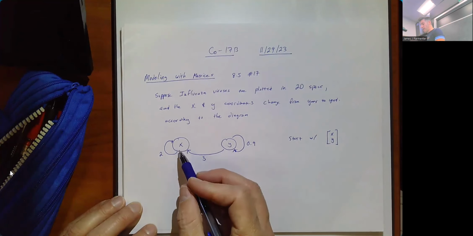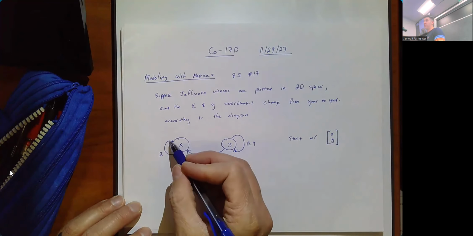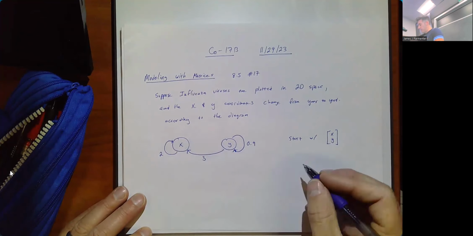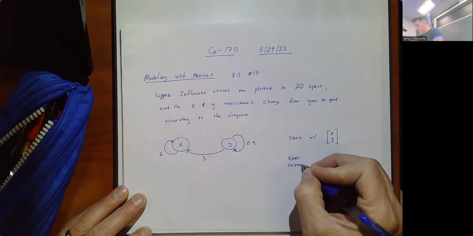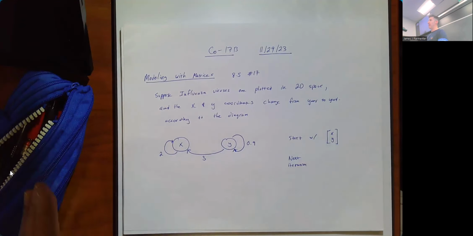So what's going into X? Well, X is going into itself times 2. This is going to be a better way to write this, but I'm showing you my thought process before we write it the more official way.